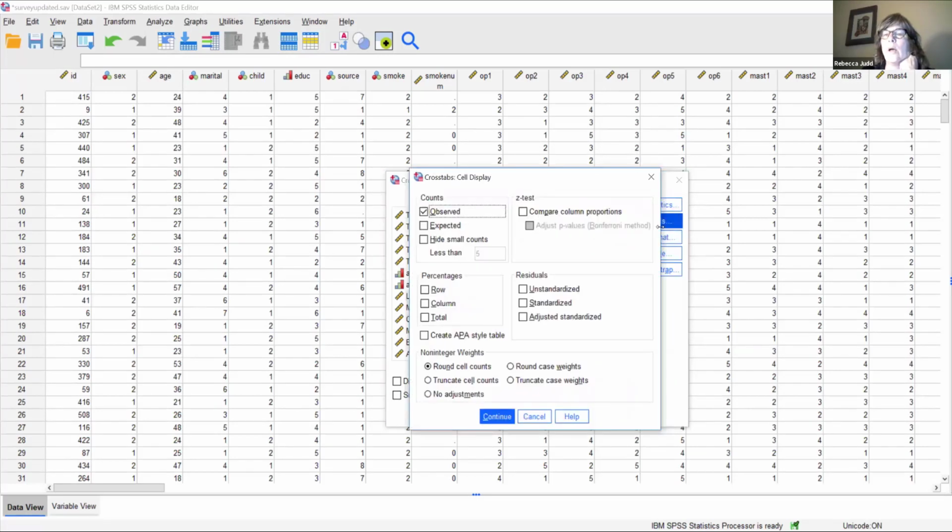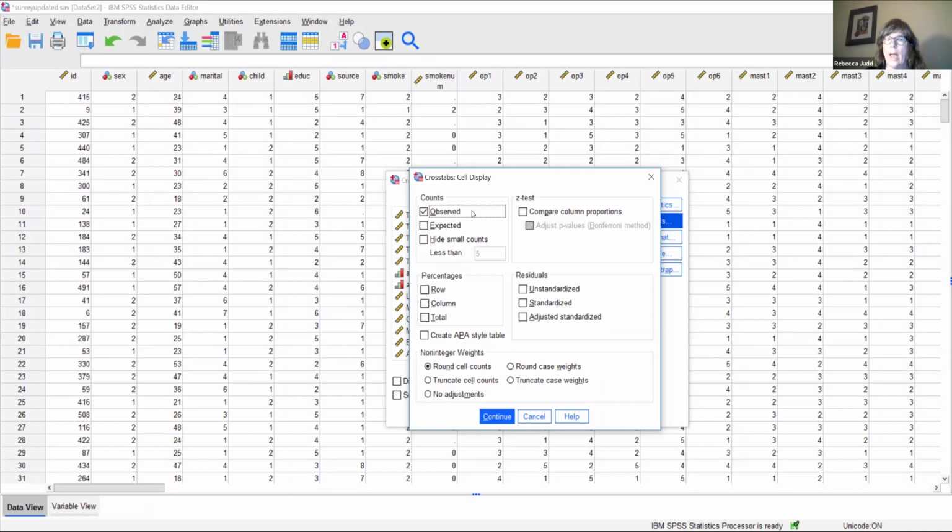We're going to go to Cells. You click on Cells. The Cells is going to give us our observed. What chi-square does is it checks the observed number, the actual number in the cell, against the expected number in that cell if there was no difference between the groups. I typically don't put expected in my output.